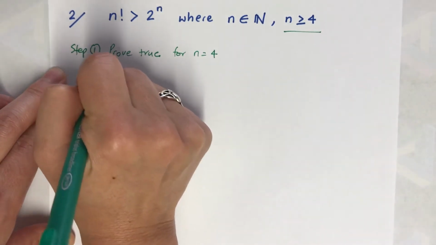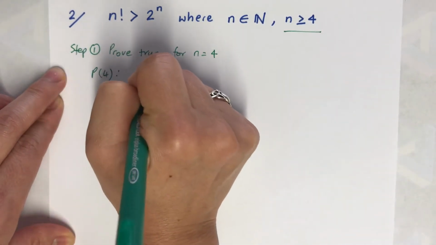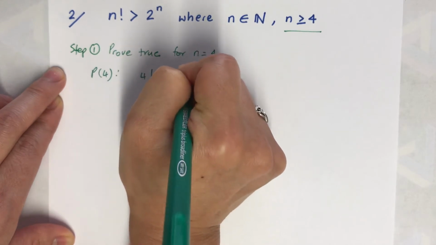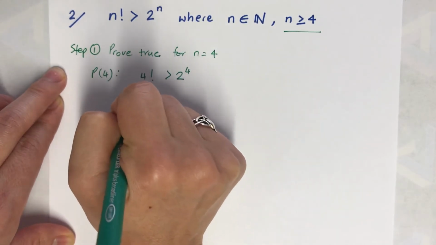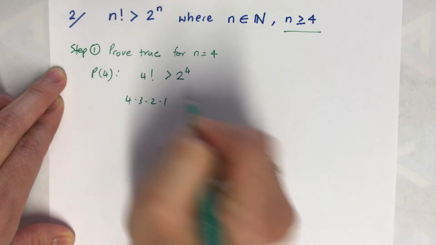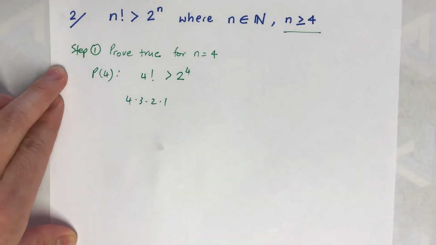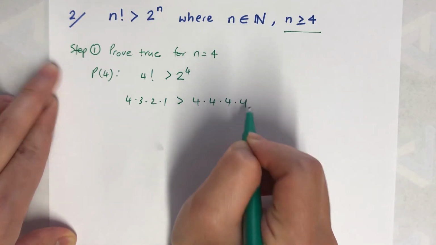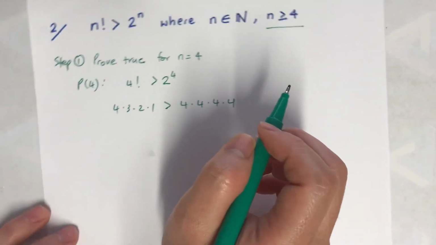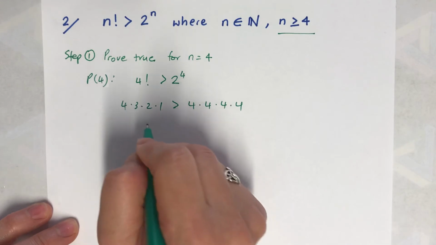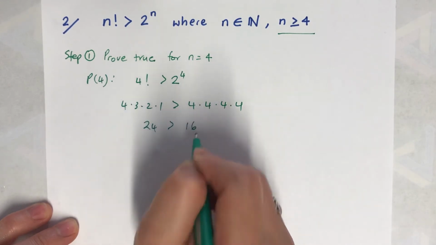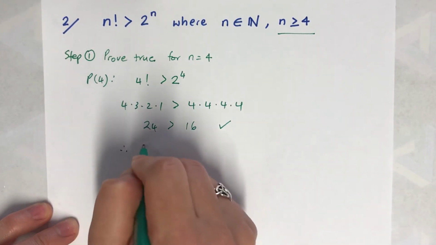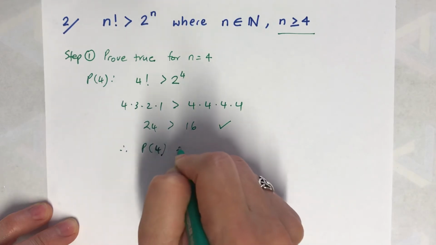And P4, 4 factorial is 4, 3, 2, 1. Okay, and then 4 times 4 times 4 times 4. And you use your calculator and you'll get 24 is bigger than or equal to 16, which is true, so therefore P4 is true.